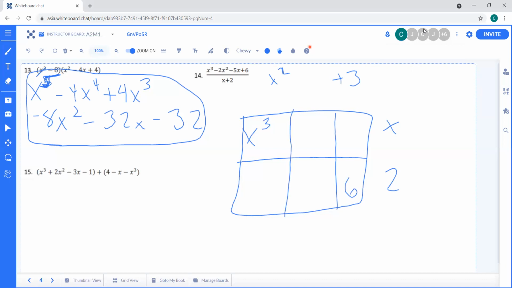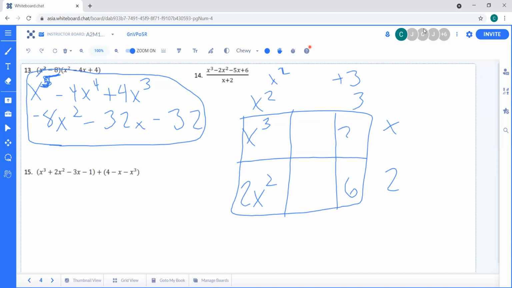Okay, so how do I get x to be x, I know it's going to be x squared, x cubed. I mean, how does x become x cubed? It's going to be x squared. It'll be 2x squared. I know this has got to be my 3 to make my 3, 2, and 6.